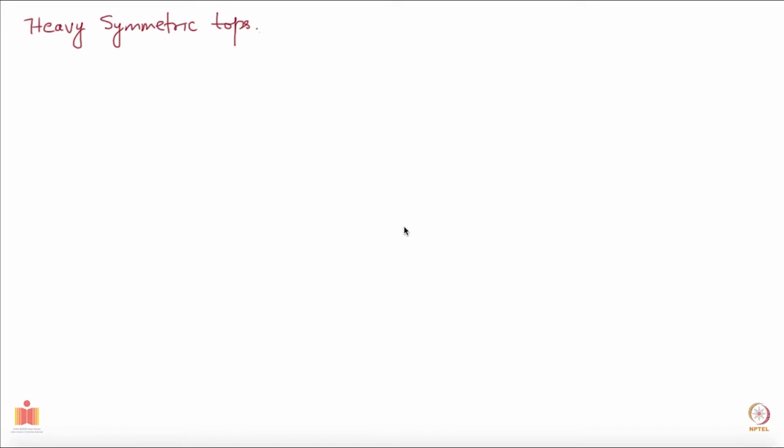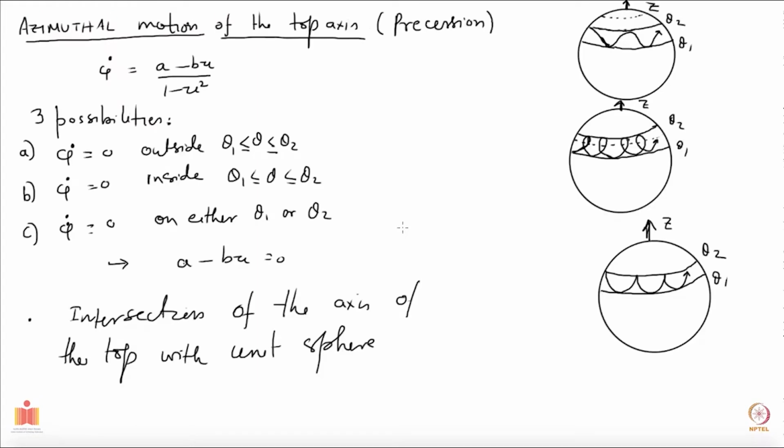Let's continue with our discussion on symmetric tops. We obtained the following results last time. So we saw that the top axis can make these kinds of motion, which were projected on a unit sphere.